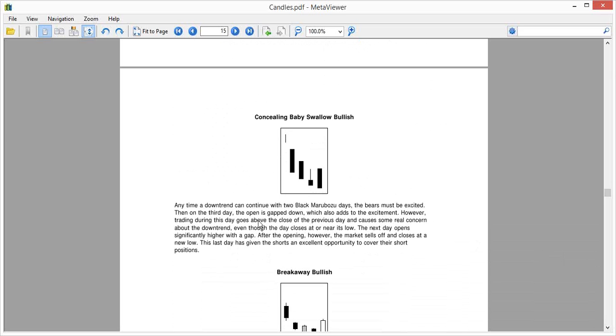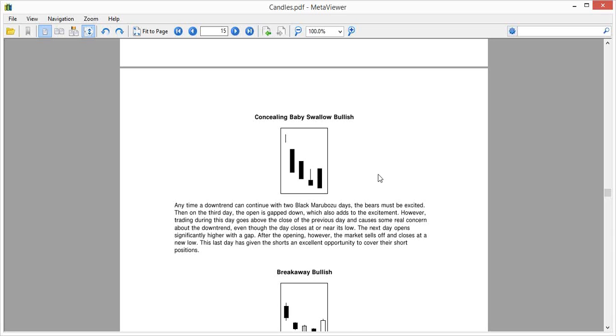However, trading during the day goes above the close of the previous day and causes real concern about the downtrend. So the price gapped above the previous close and the downtrend, even though the day closes near its low. The next day opens significantly higher with the gap. After the opening, however, the market sells off and closes at a new low.